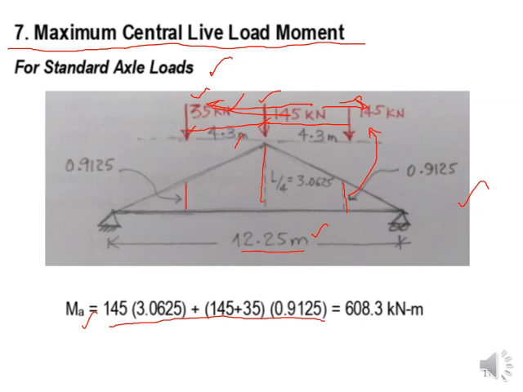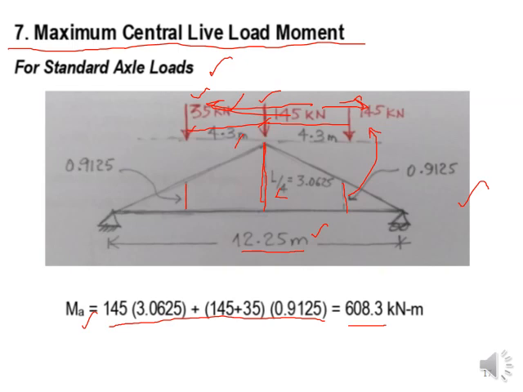Okay, so we are getting 608.3 by placing the 145 kilonewton wheel just at the maximum ordinate, L by 4. So at the mid they have placed it, this is the maximum ordinate. Near the maximum ordinates, if you place your wheels, those are going to give you the maximum answer. That you may remember from the ILDs.